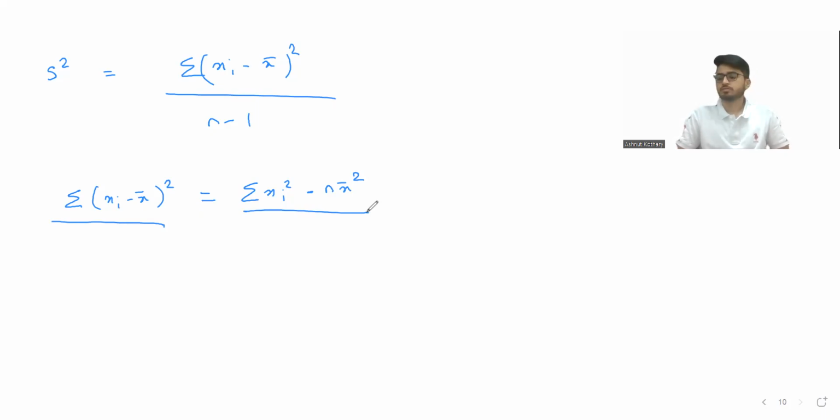Next, range. Third one, range. Range is a very simple measure of spread, defined by the difference between the largest and the smallest observation in the data set.